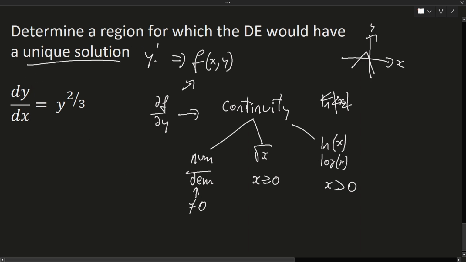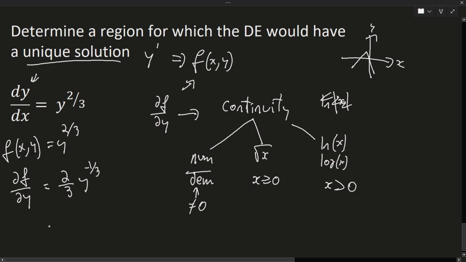For our problem over here, step 1, we already have the derivative of y. So we consider f of x, y as this. Now we have to find the derivative of this with respect to y. So this just becomes 2/3 y, and 2/3 minus 1 is -1/3.